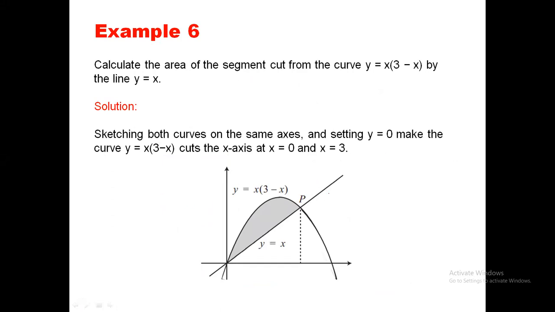Okay, this is your line y equal to x. You can see it here labeled, and this is your curve x times the quantity 3 minus x. This is the area that you're interested in. So if you're going to draw an element here, it would be something like this, vertical.